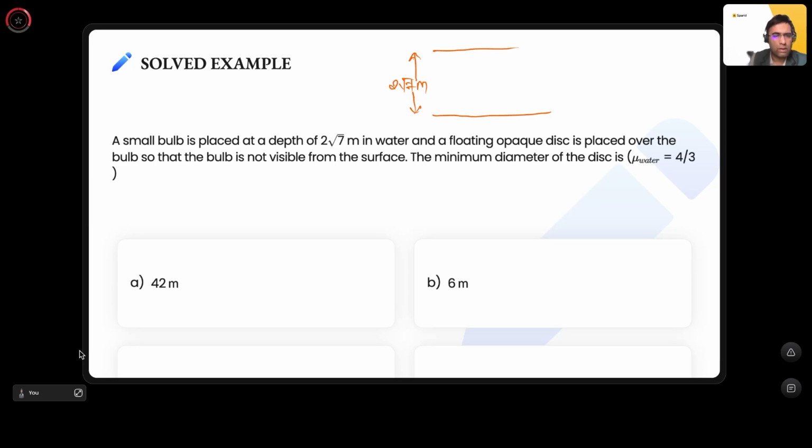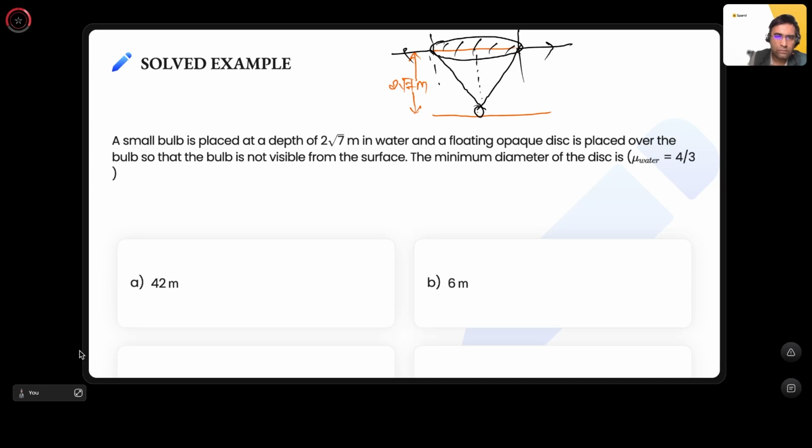Okay, so let's draw a bulb over here, and the light from the bulb should not exit, so it should suffer TIR everywhere over here, and the disk can be placed like this so that light will exit only from this region, this conical region, but we have placed a disk, so from there also the light will not exit, and we have to find the radius.